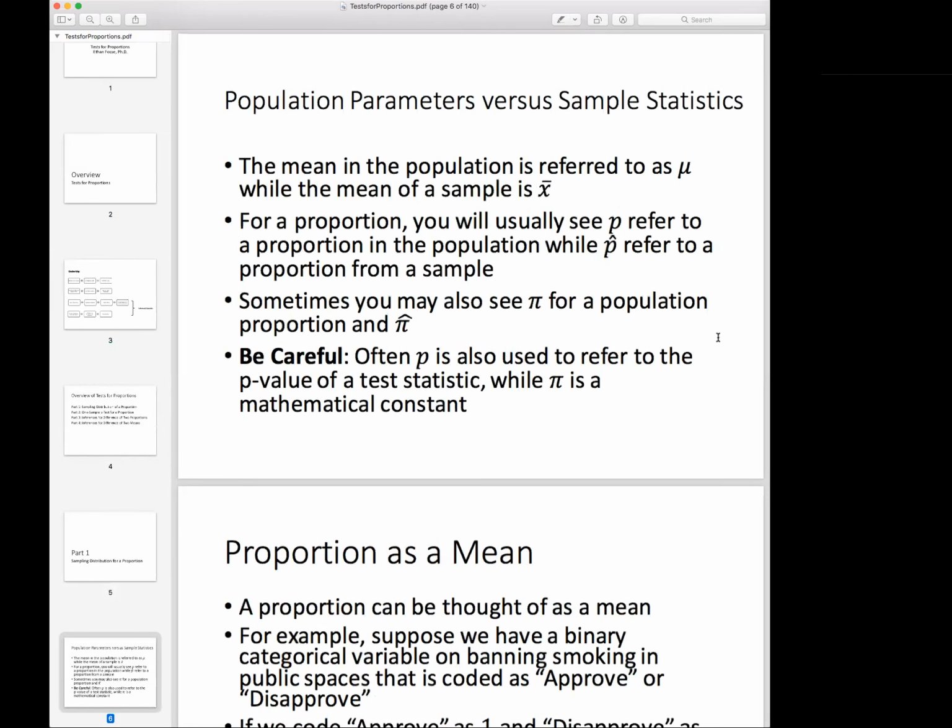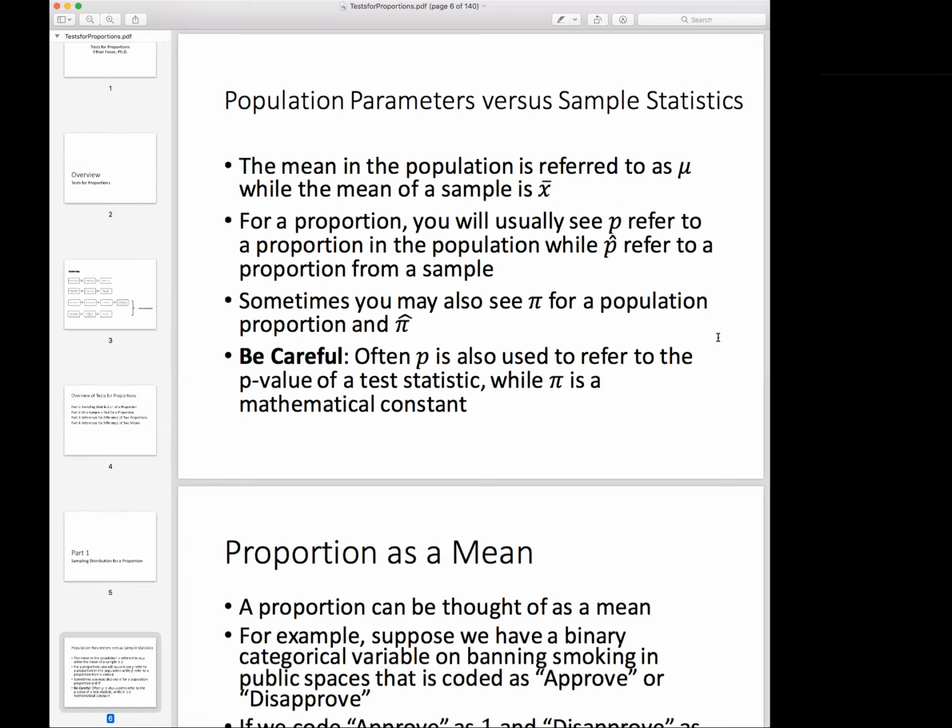So when we talk about population parameters for this lecture, we recall that the mean of the population is referred to as mu, while the mean of the sample is x bar.